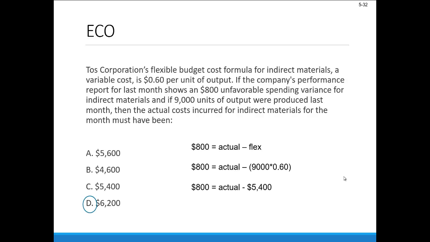So those actual costs must have been D, $6,200. What we know is that we had an $800 unfavorable spending variance for this indirect materials, and that would represent the difference between our actual result and the flex budget.